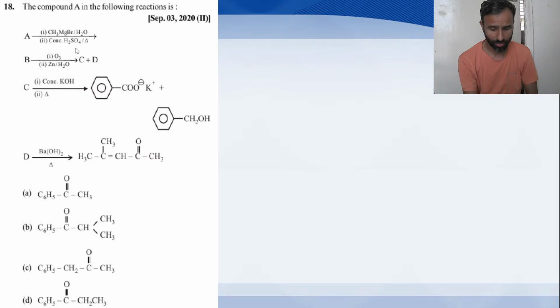So now next question: A reacts with Grignard reagent and then water, and then on heating with concentrated sulfuric acid we get B, and B on reductive ozonolysis gives C and D, and C with concentrated KOH on heating gives potassium salt of benzoate and benzyl alcohol. What is the name of this reaction?